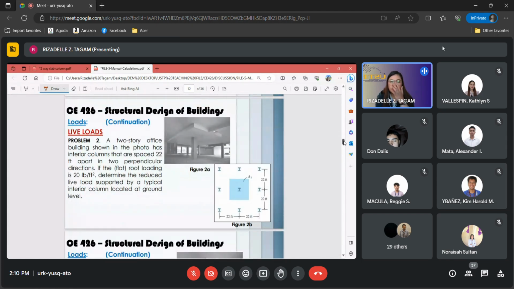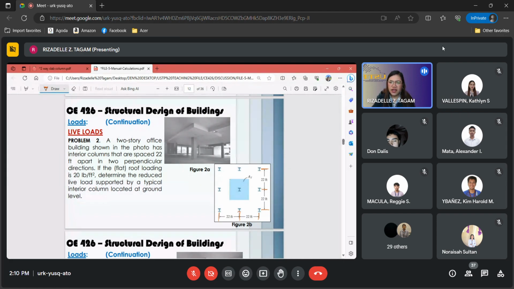Now, let's go to the example. For a two-story office building shown in the photo has interior columns that are spaced 22 feet apart in 2 perpendicular directions. Kung imo tanaw ang plan, 22 ang dimension on both sides.